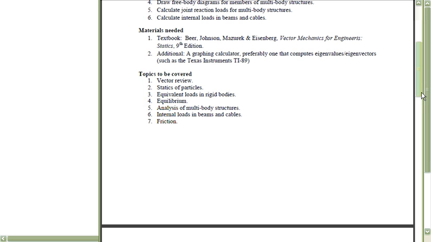But we're not going to do any problems out of the book, so you don't have to have the most current version. If you can find a 7th edition or an 8th edition on eBay and get it for 20 bucks instead of 150 bucks or whatever it is, that's a great idea.